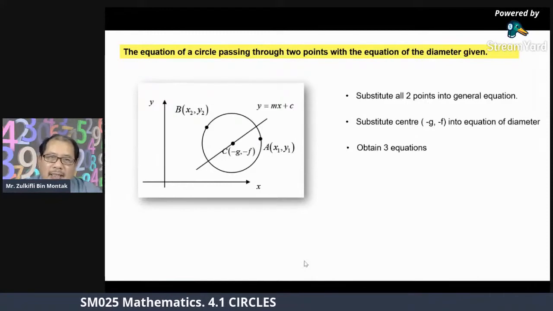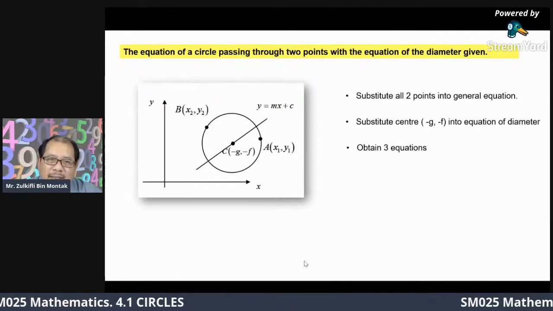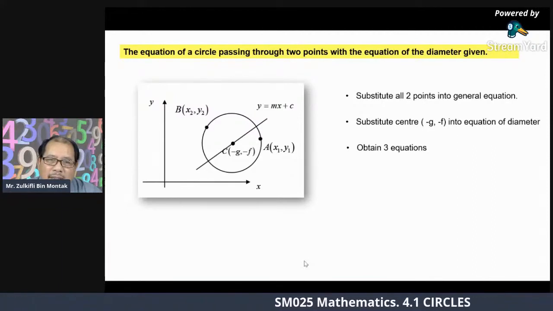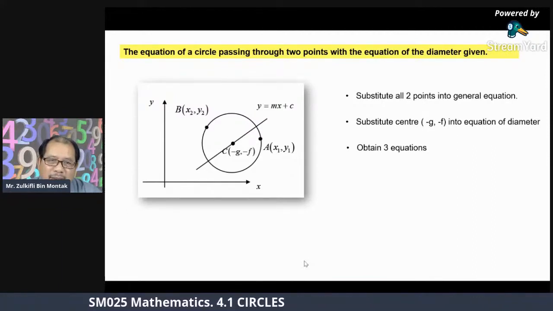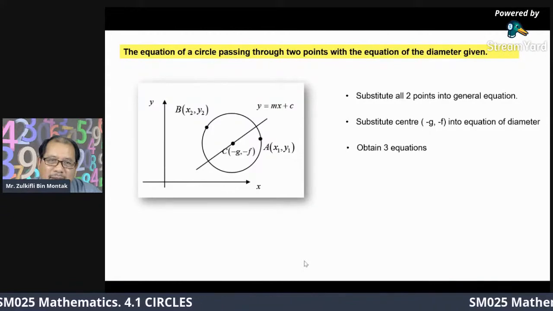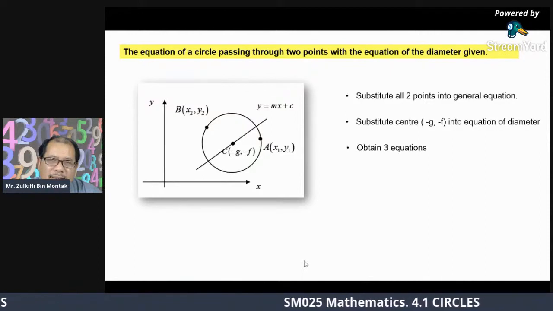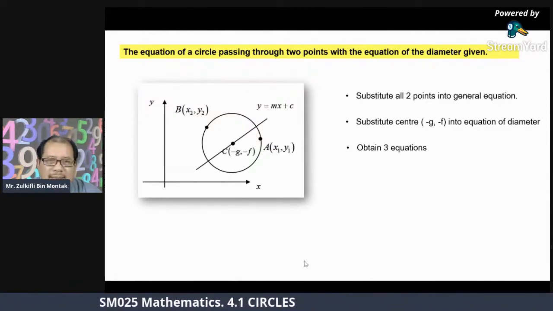Let's say the equation of the diameter given means the line y equal to mx plus c. This is the equation of the diameter. The line must pass through the center.